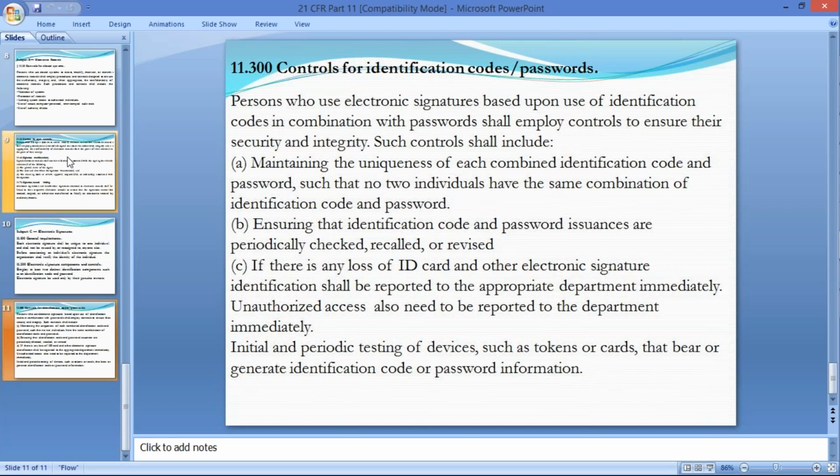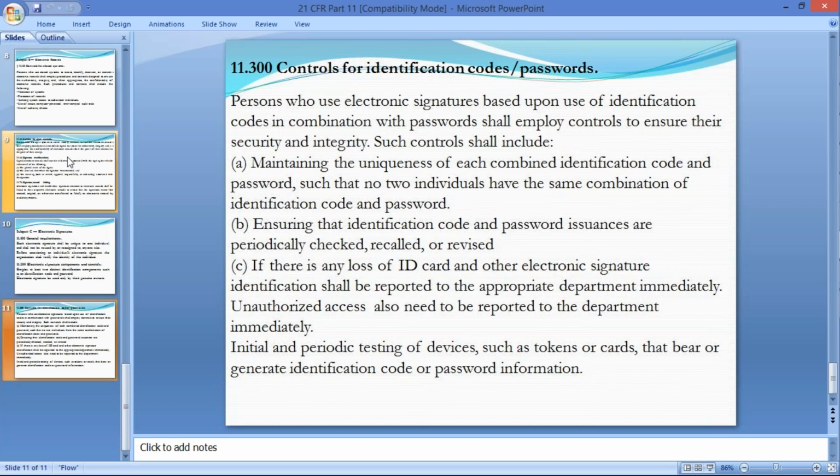The person who uses electronic signatures based upon ID in combination with password shall employ controls to ensure their security and integrity. Such controls shall include maintaining the uniqueness of each combined ID and password. No two individuals have the same combination of ID and password.